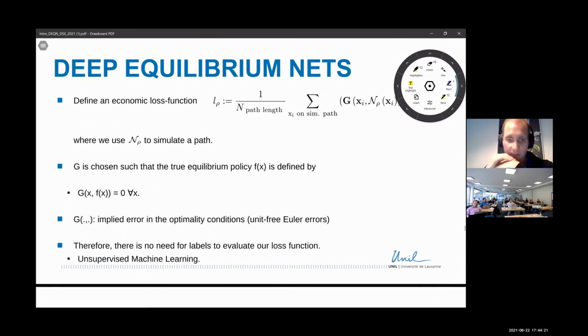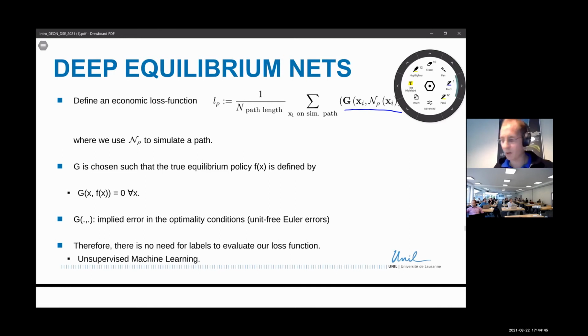So here is now the key innovation where we think neural nets are useful. What we do is we write down a loss function as follows. And this works for any model.